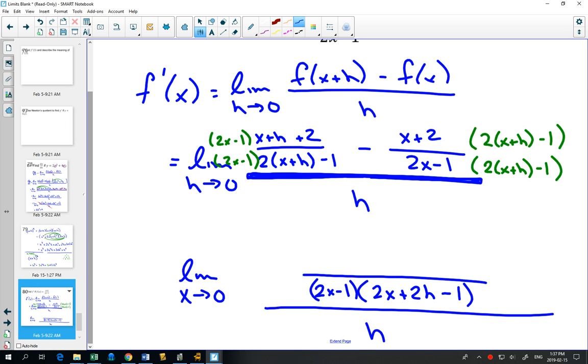In my numerator up here, if I multiply these together, what am I going to get? I'm going to get 2x squared plus 2xh plus 4x minus x minus h minus 2.